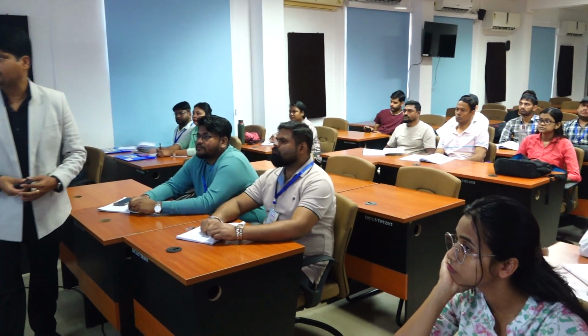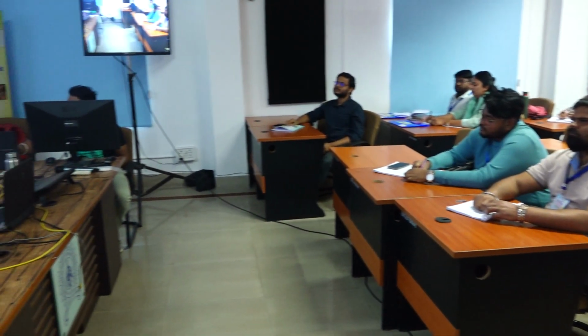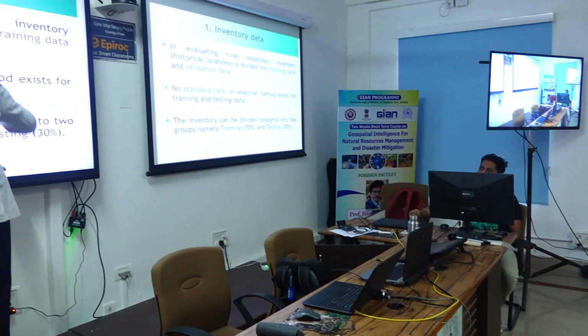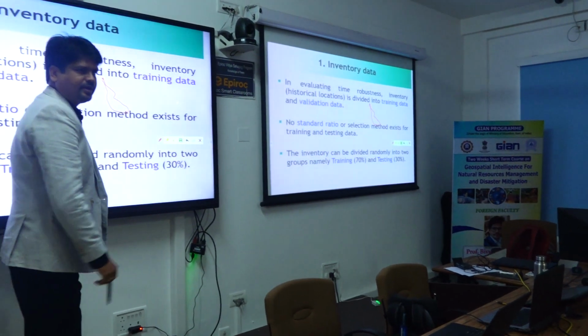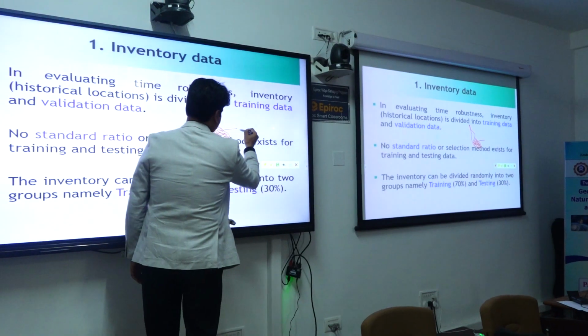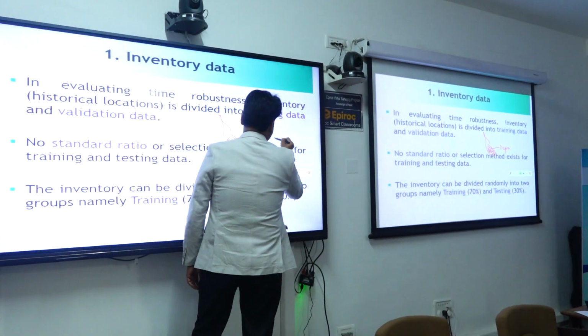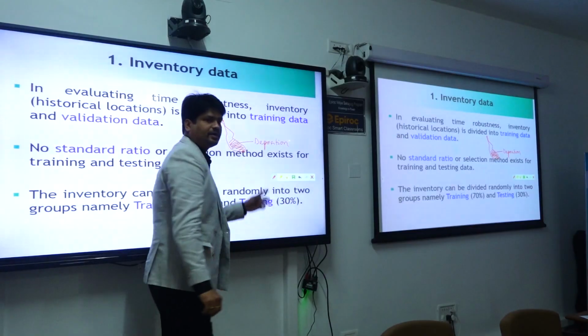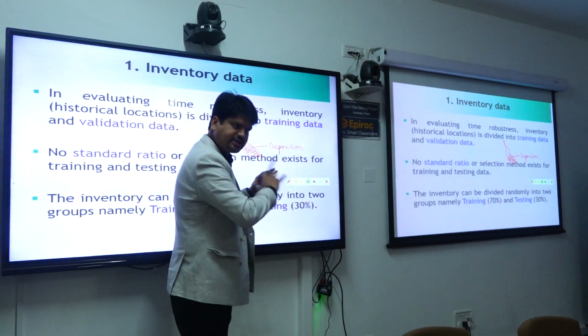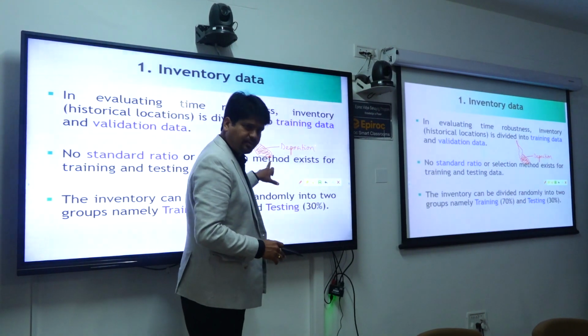Okay? Maybe I can draw for you. Let's say this is a landslide. This part is deposition, right? That means it is the toe end of the slope. The process has already been completed, and all the materials have come and deposited here.